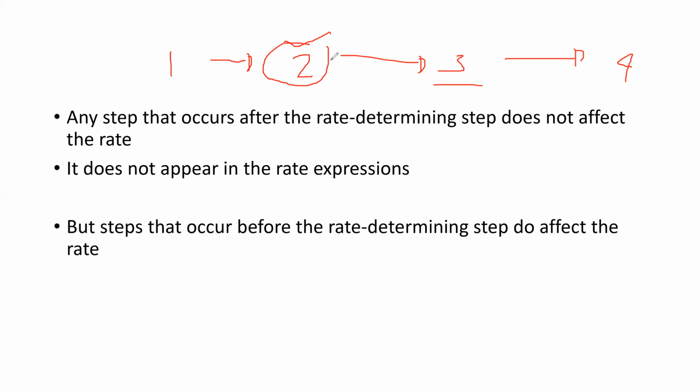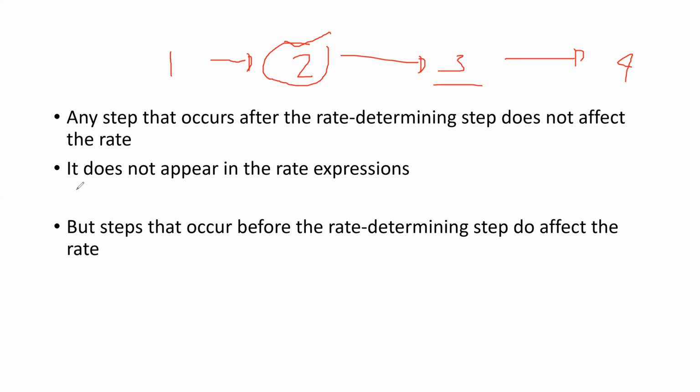Step 2 is here. There's a queue. Everybody's waiting for step 2 to finish. But once it's done, steps 3 and 4 are so fast that they can just finish the rest of the reaction. So all the steps after the rate determining step do not affect the rate, because once step 2 is done, they can just carry on.